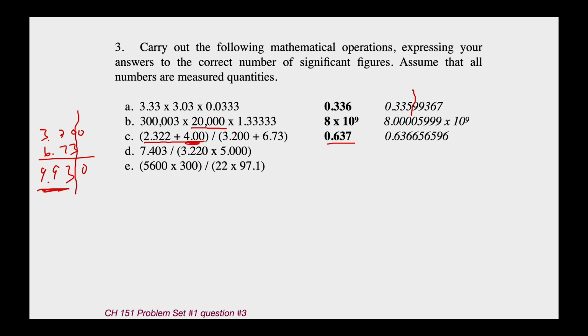The next one, we have multiplying and dividing. 4 sig figs divided by 4 sig figs and 4 sig figs kind of sets that out at 4 sig figs, 0.4598. First number there to be dropped is a 1, so no problem. And then the last one, 5,600 times 300 divided by 22 divided by 97.1.